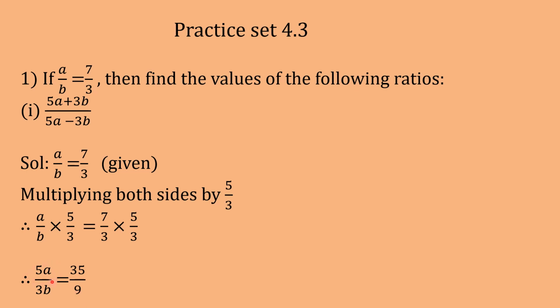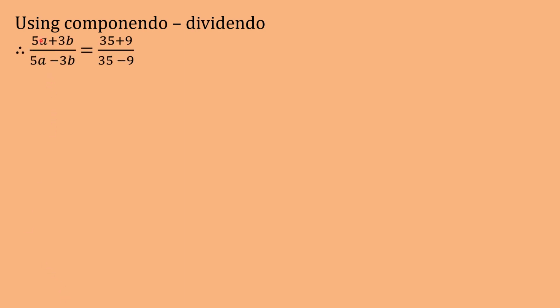Now students, I have made 5A and 3B. Can you see? Now in this we will apply the componendo and dividendo property. So our next step will be using componendo dividendo. Our left hand side will become 5A plus 3B upon 5A minus 3B, and the right hand side, that is 35 upon 9, will become 35 plus 9 upon 35 minus 9.